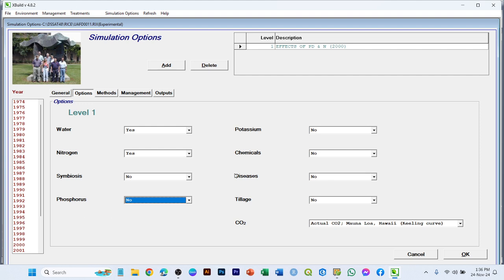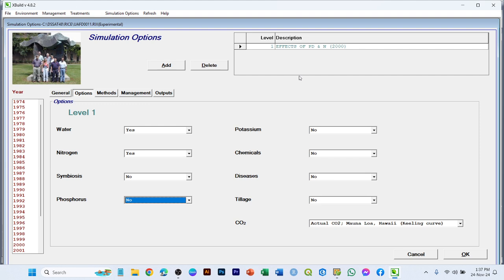Understand? So if we mention yes over here, then the interface that appears has different types of validation, plant growth, and all types of soil related options. If you have phosphorus related evaluation in the experiment, then you have to make the option yes. Then it will show up in the output files.